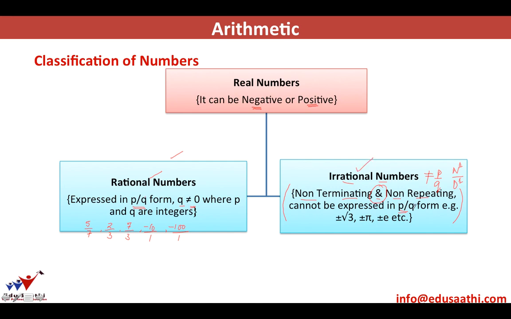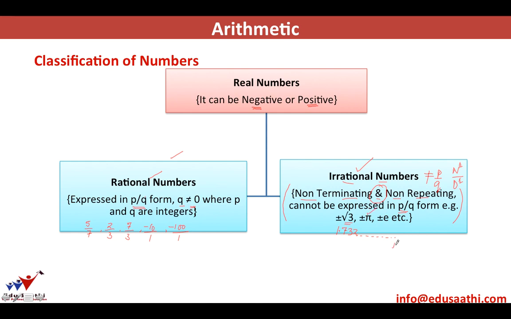Some examples that I need to remember are something like root 3. The value of root 3 is 1.732 and it goes on and on. The value that I get is non-terminating, which means it does not end, and non-repeating, which means there is no pattern observed when I calculate the value of root 3. Similarly, pi.